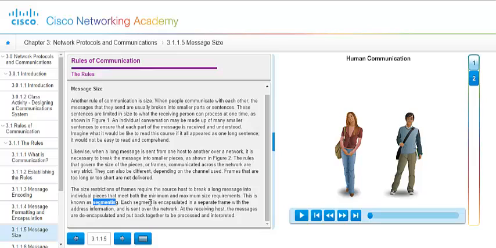Each segment is encapsulated in a separate frame with the address information and is sent over the network. At the receiving host, the messages are de-encapsulated and put back together to be processed and interpreted. This decapsulation puts them back together in the correct order that they need to go in.